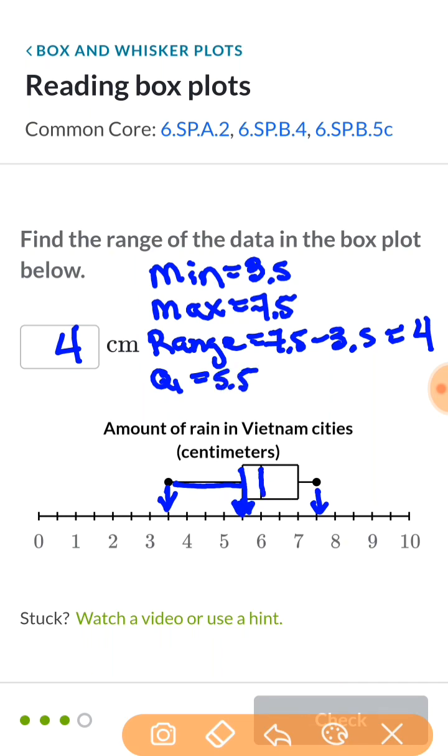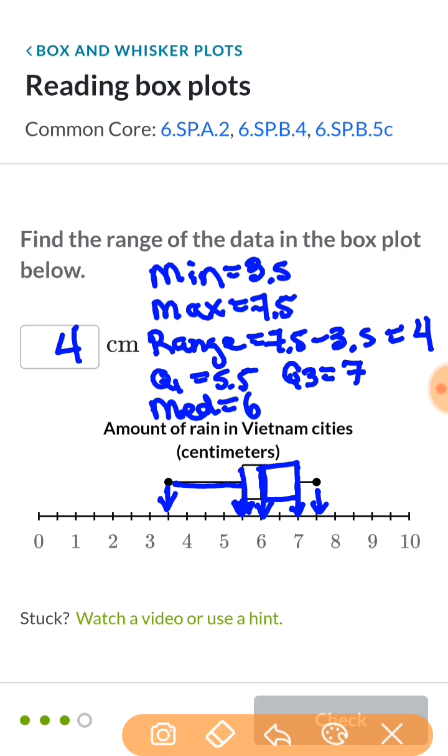The median is in the middle of the box, and the middle of the box is lined up with 6. Quartile 3 is at the end of the first, second, third quarter. So that's right here, and that's 7.